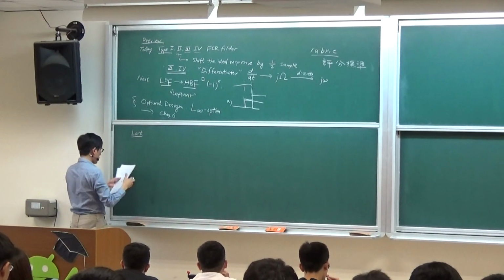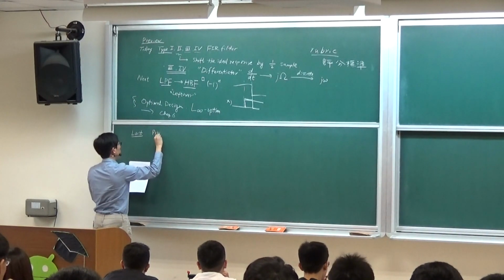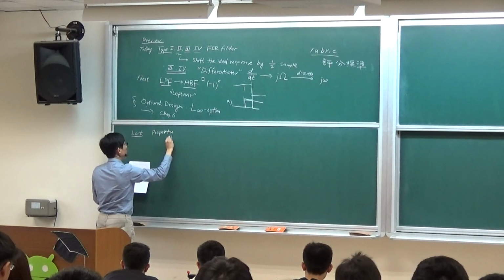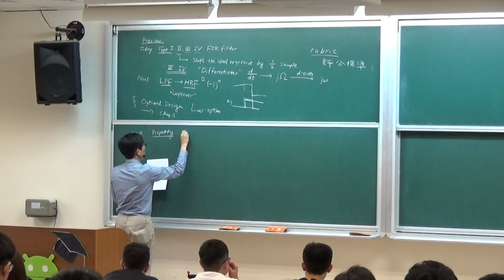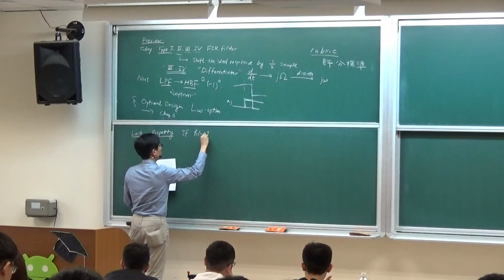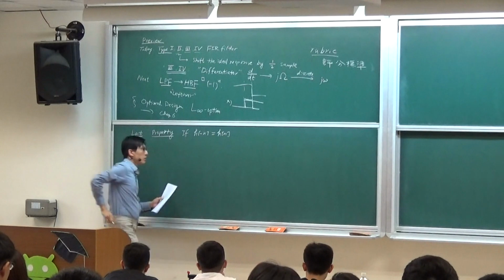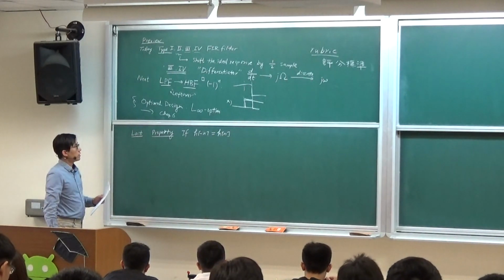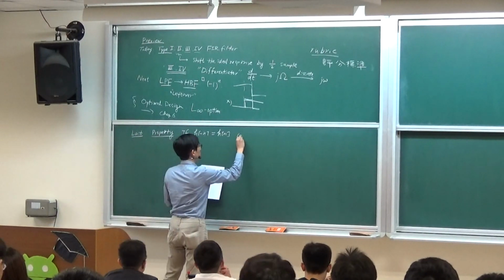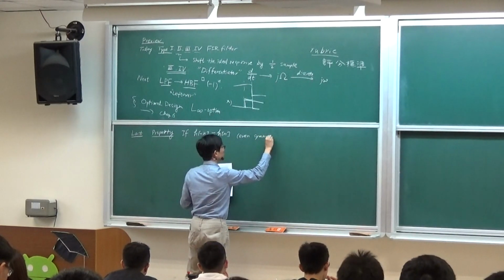Last time, in the end, we started with a property: if we have a time domain sequence that satisfies this even symmetric property, or even symmetry.